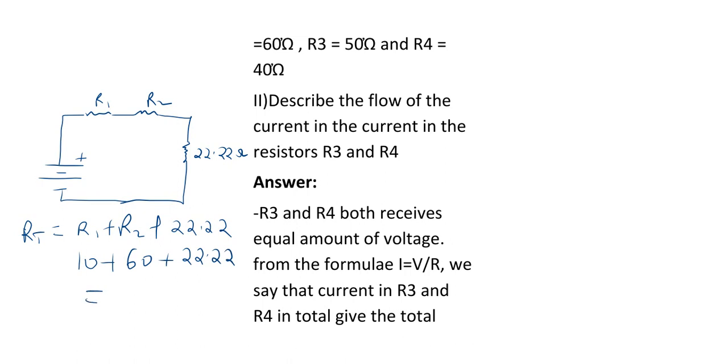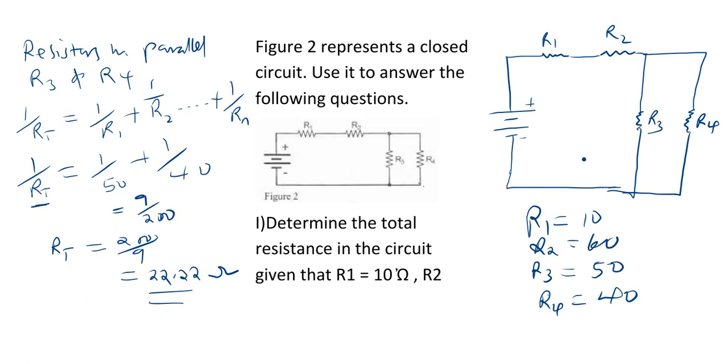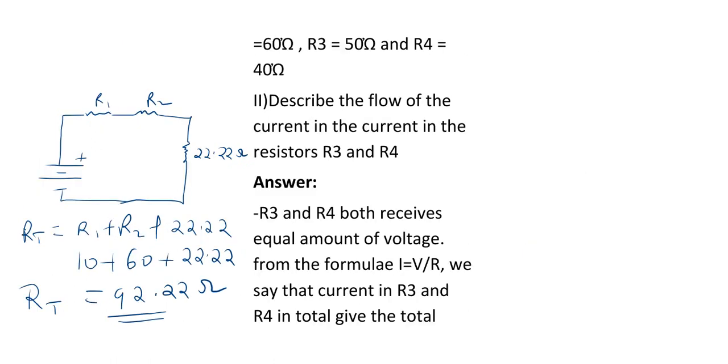When you add these three, you'll get 92.22 ohms. So that is the total resistance RT of the circuit. You have to know the connections involved in the circuit, then compute step by step up to the end. It is good that after each step of calculation you come up with a new circuit so that you can proceed appropriately.